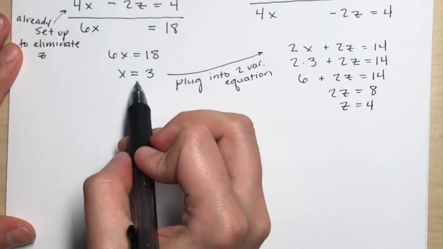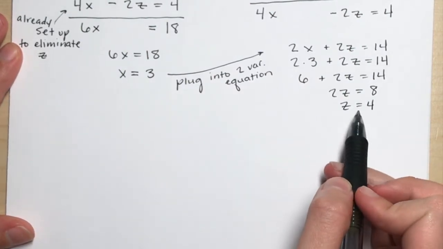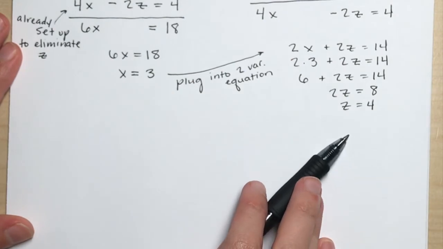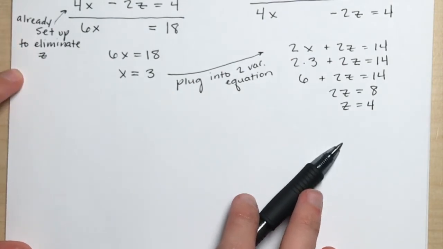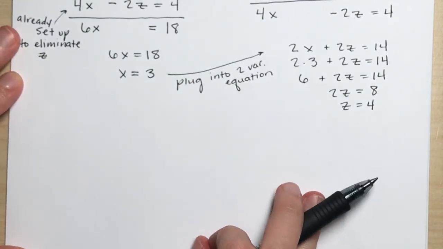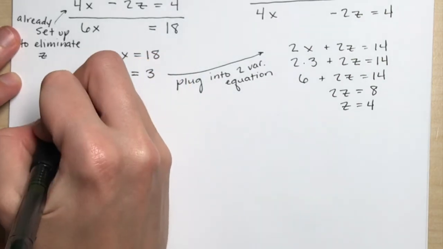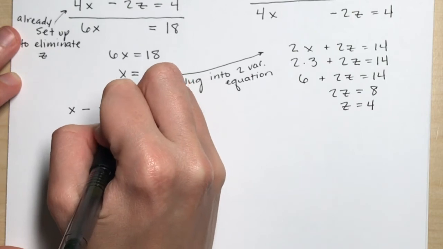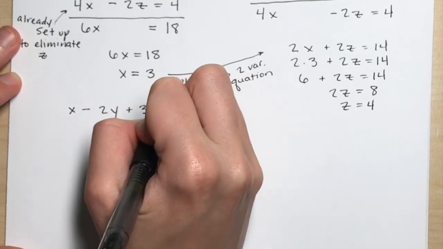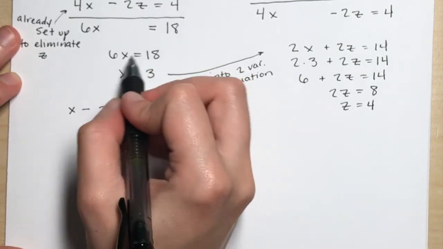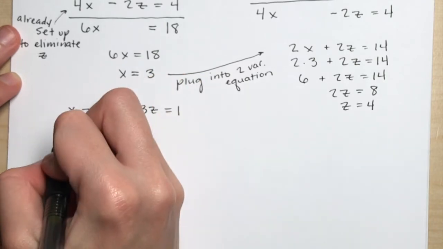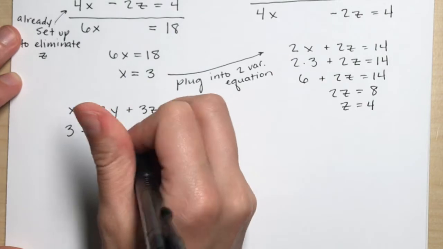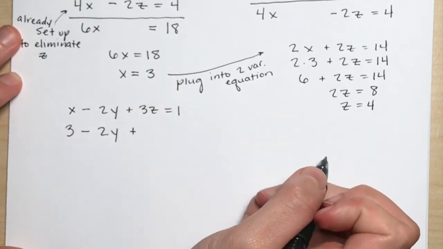So now we've got 3 and 4. We can plug this into one of our three-variable equations and we'll have our y value. We can solve for y. I'm going to plug it into the first one. So x is 3. Let's substitute there. Minus 2y, we don't know what y is yet. And we know that z is 4.